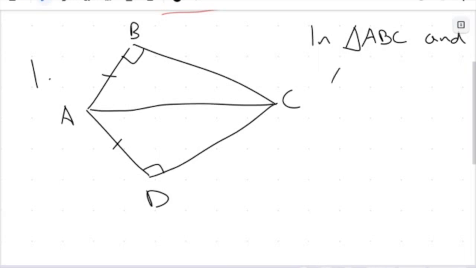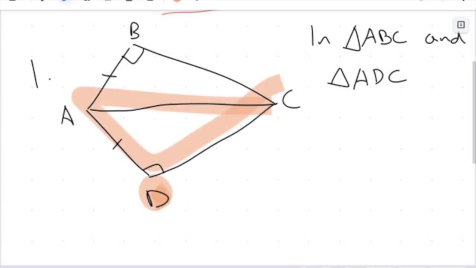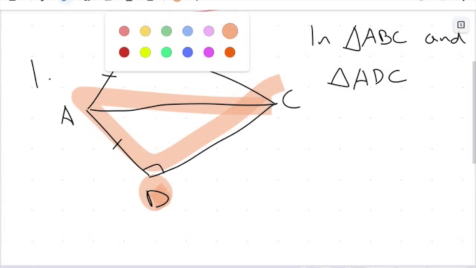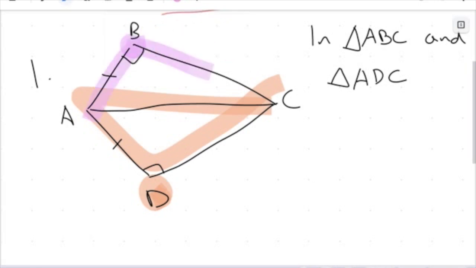our other triangle, we want to write it in the same order, right? With the corresponding points as well. So I have A and C the same, and I'm going to put my D in the middle because this point on my second triangle corresponds to this point on my one up here.